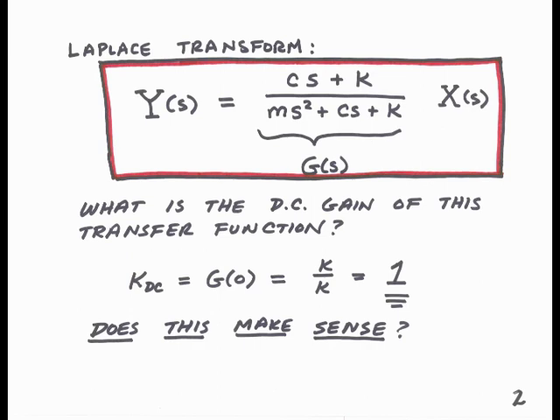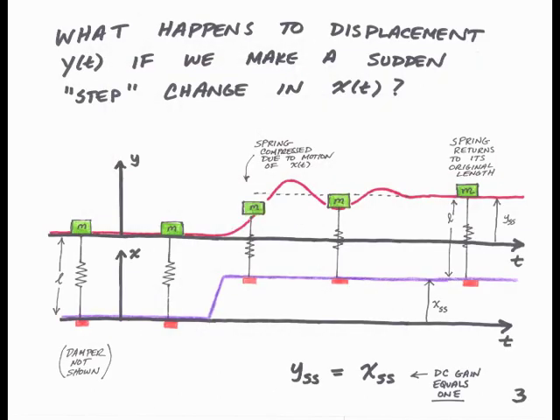Let's take a look back at our system and ask the question, what happens if we do a step displacement in x, the base? What will happen to y as a result? Now physically, we can't really have an instantaneous displacement in x of t, like a step is basically describing.